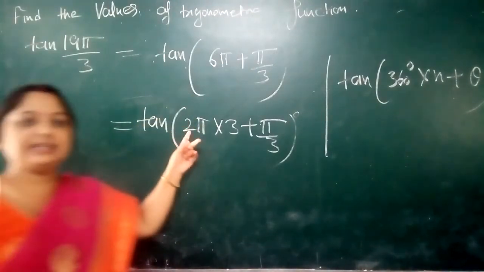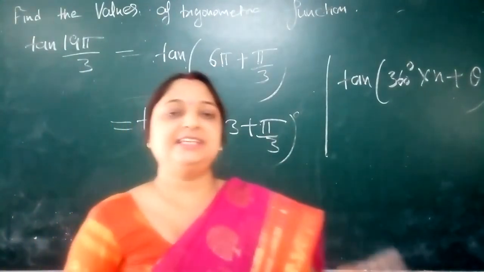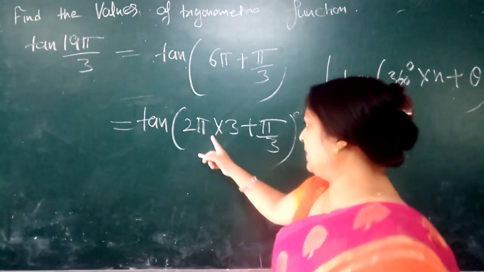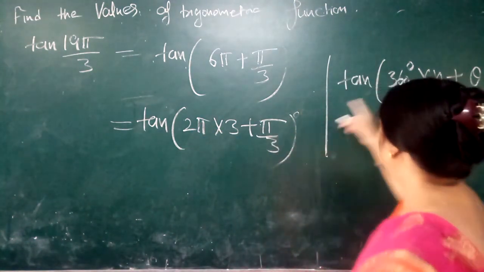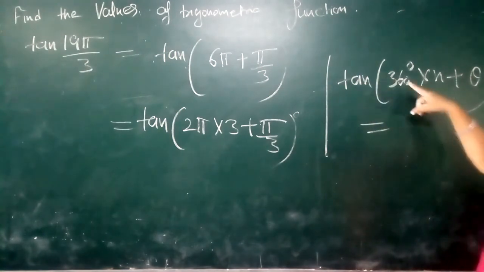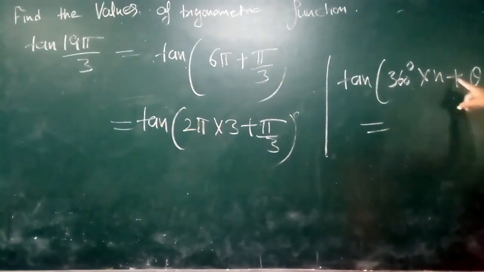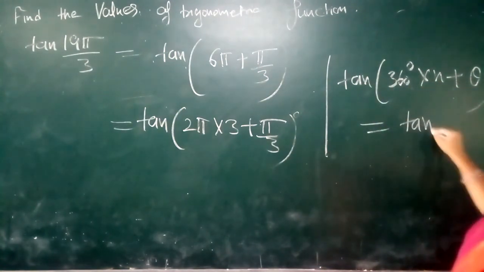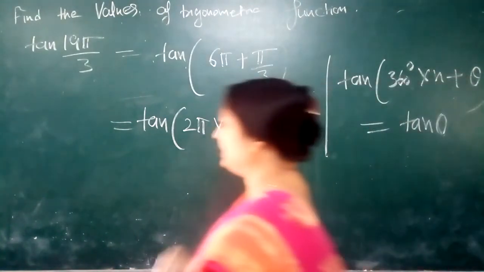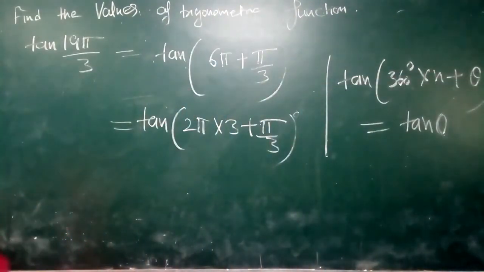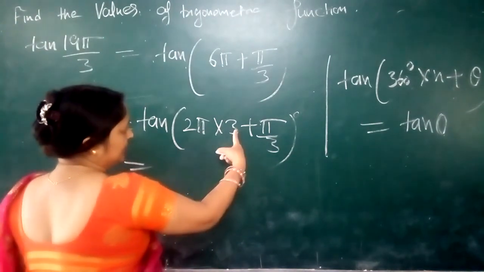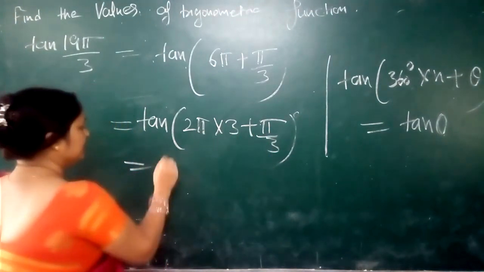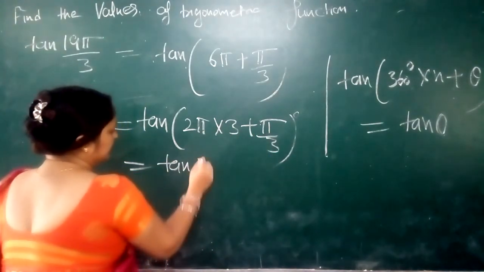You know that tan of 360 degree into n plus theta is tan theta. Here n is 3, so it will come tan pi by 3.